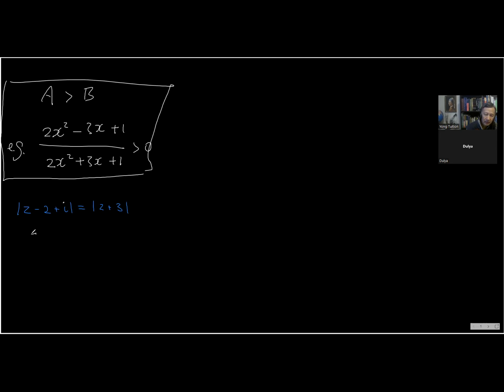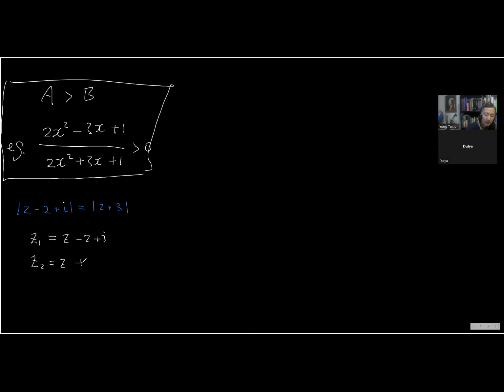For example, if this is a complex number, the first one is z minus 2 plus i, equal to what? z plus 3, right? So another complex number is z plus 3.